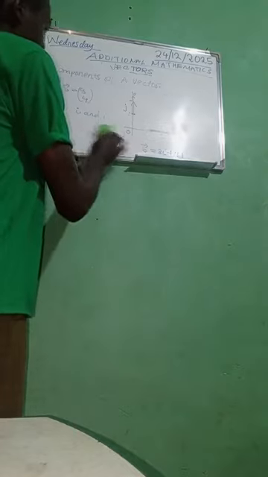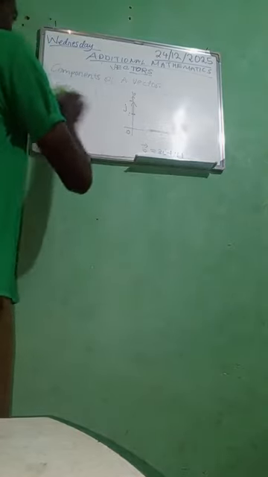Then the next thing that we need to know is the angle made with the x-axis, the angle that a vector can make with the x-axis.